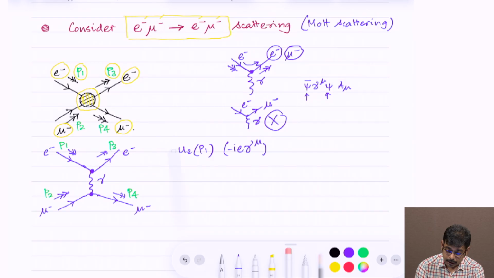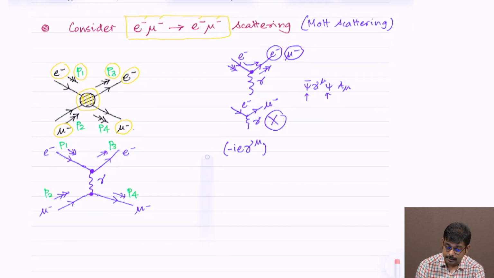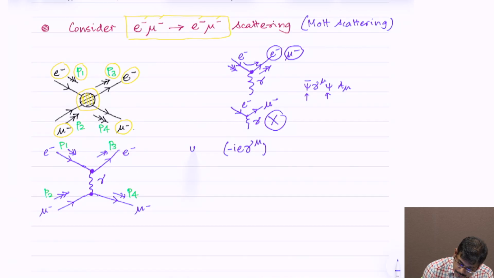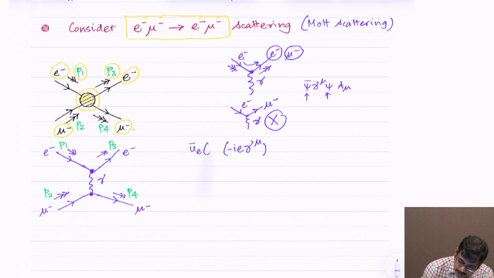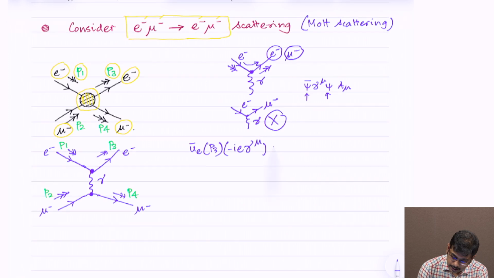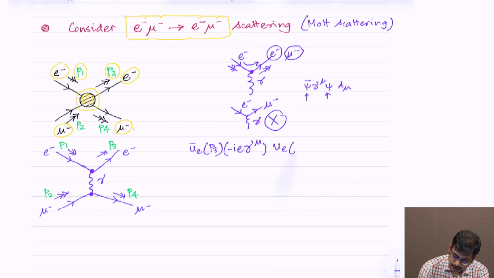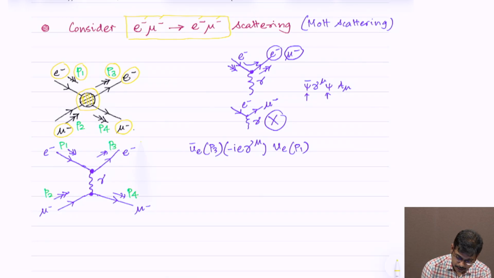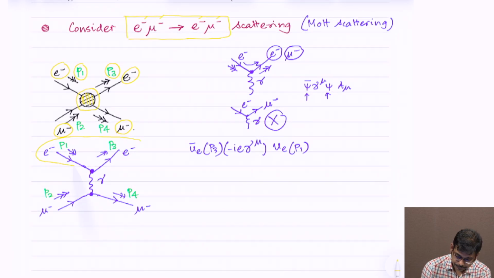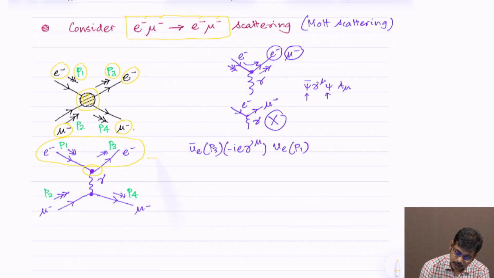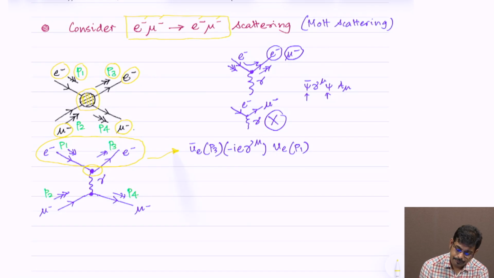For a particular reason, because I have to evaluate this matrix element, I will write u_e bar(p3) first, then minus i e gamma mu, and then u_e(p1). So this completes this part of the graph, including the vertex factor.